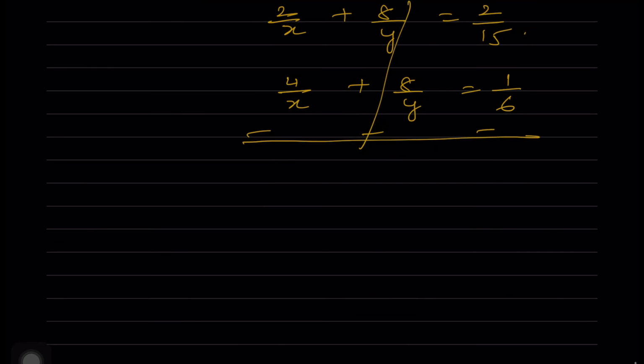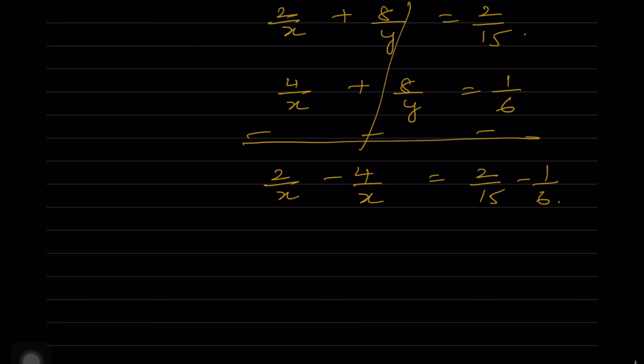So you are cancelling those two. Therefore you are getting 2 by x minus 4 by x is equal to 2 by 15 minus 1 by 6.